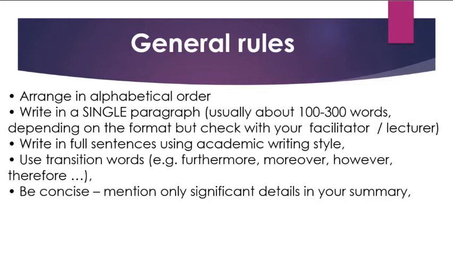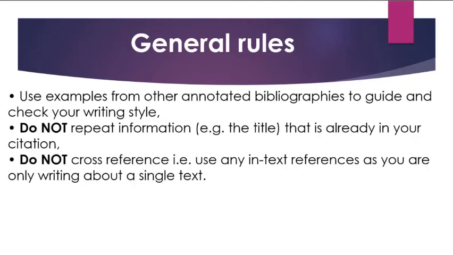You use transition words, for example, furthermore, moreover, however, therefore. You have to be concise, in the sense that you mention only significant details in your summary, not writing everything, just go straight to the point.